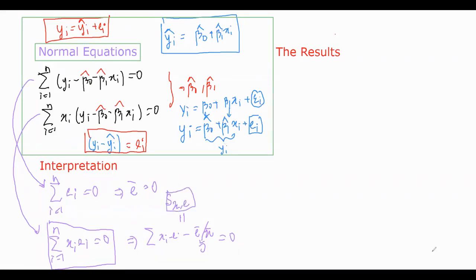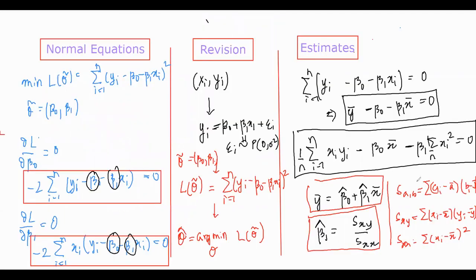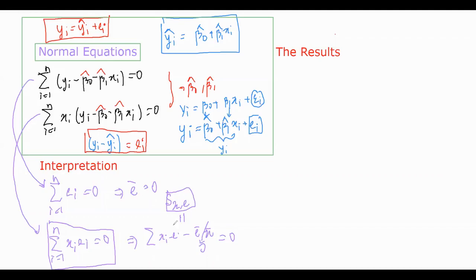We have defined S before like this, in this manner. Essentially, therefore, we are getting that S of x comma e is 0. This is a very, very important aspect of this. e bar is 0, S of x comma e is 0.